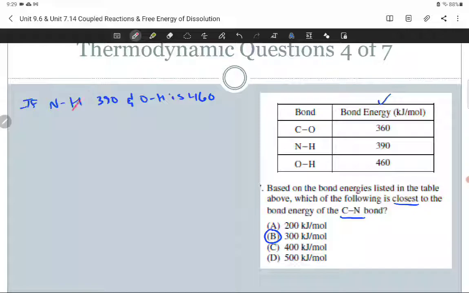There's a commonality there with H. So then the N to the O, we don't know exactly, but I'm going to go 460 minus 390. It's about 70 kilojoules per mole.